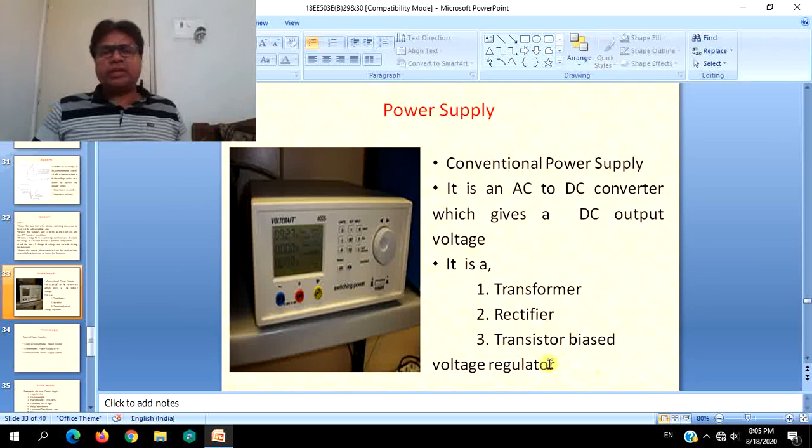The main supply is given to this supply source, and the output of this supply is given to the load. The transformer is used to step down the actual single phase voltage to a convertible level for the designed circuitry, it rectifies the AC to DC, and the DC via transistor biasing is given to the load by regulating the voltage via the knob.